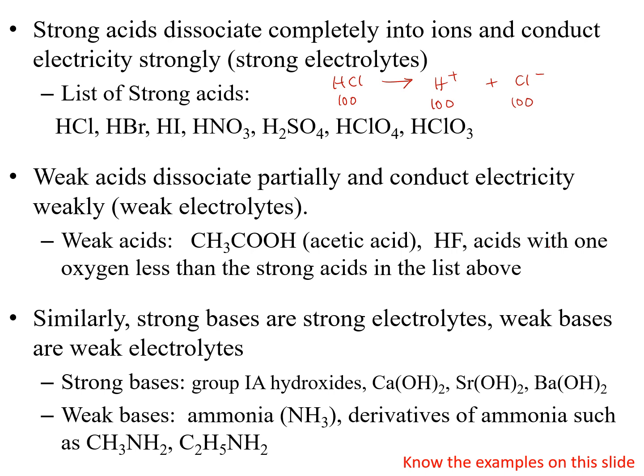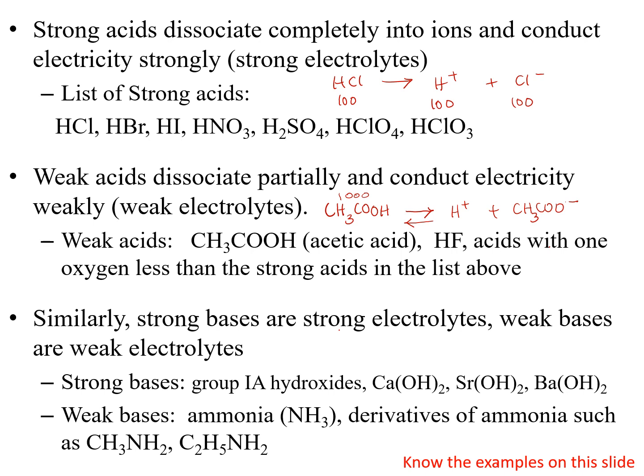Now let's write an equation representing acetic acid dissociating in water. CH3COOH, when it dissolves, produces H plus and acetate ions, CH3COO negative. But these ions are capable of combining and producing back the molecular form of acetic acid. So let's say you dissolved 1,000 molecules of acetic acid in water.